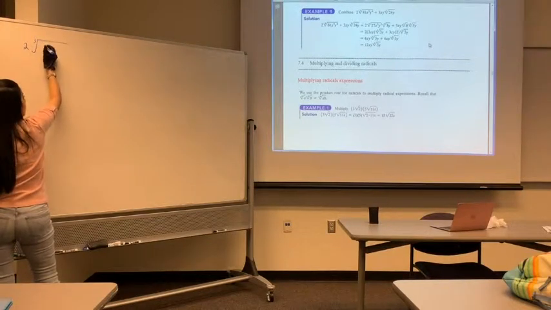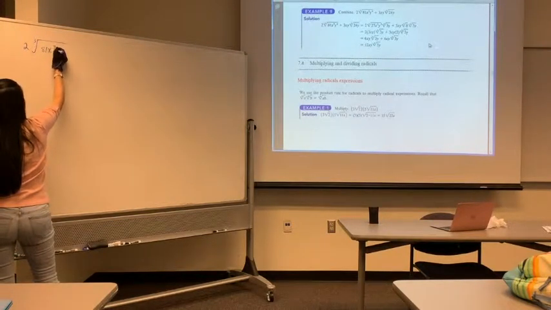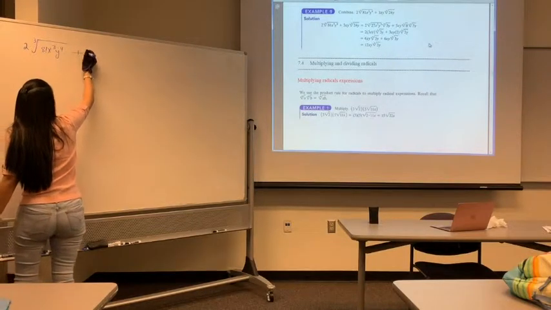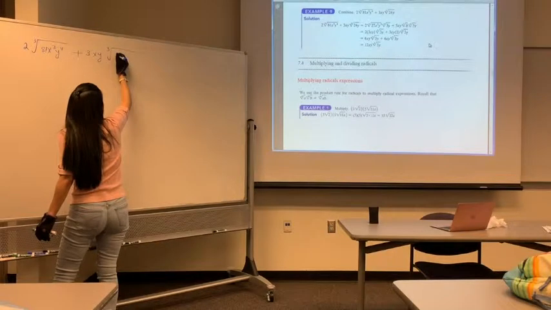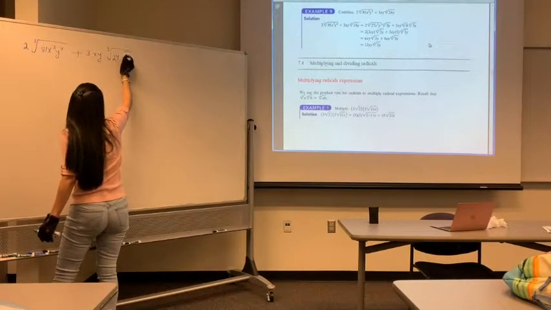Radical index is 3, 81x power 3 y power 4 plus 3xy radical 3, 24y.